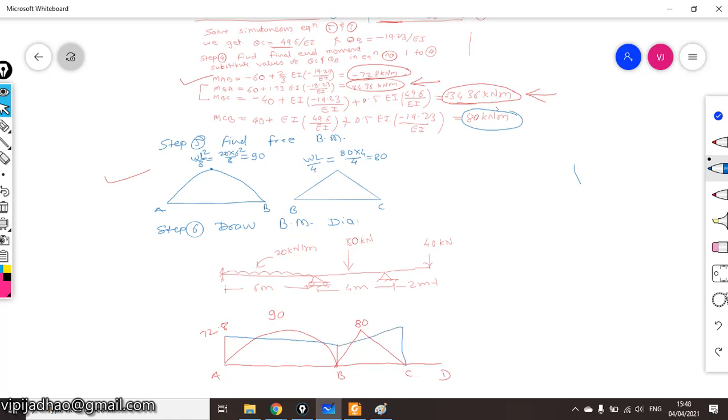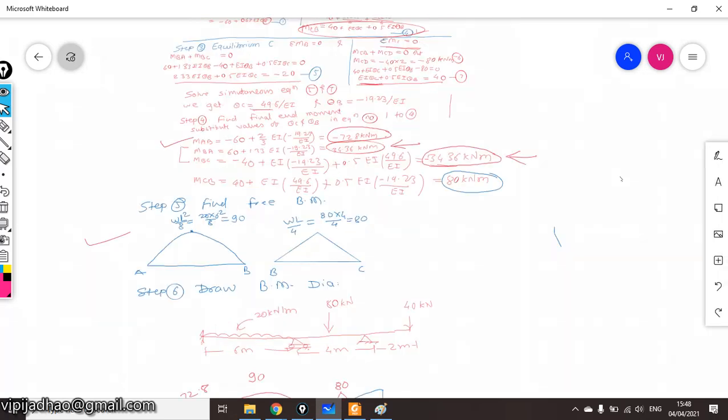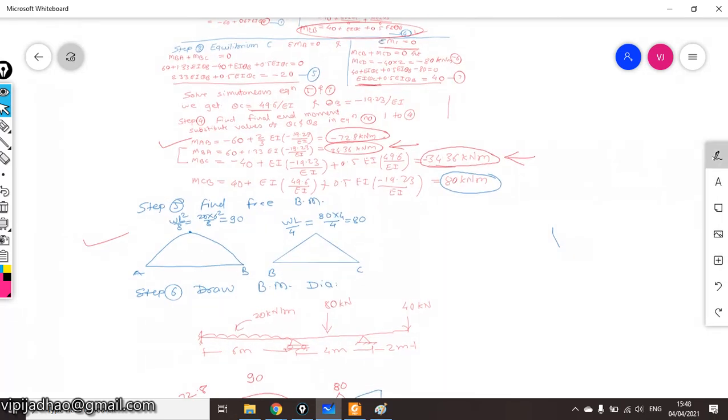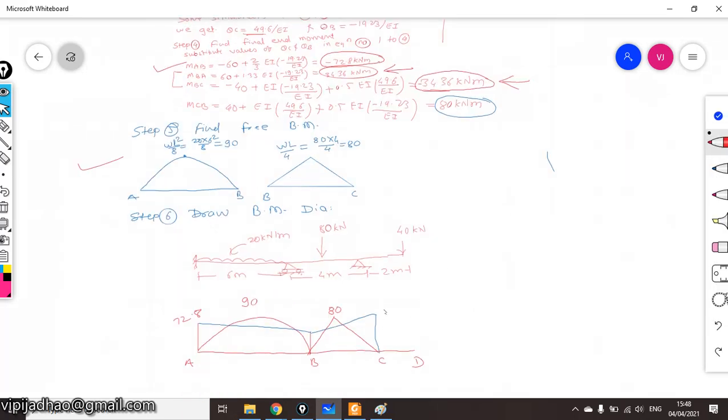And for CD, we have already found out the value: it was minus 80 kilonewton meter. Therefore this is 80 minus, on the anti-clockwise face. Just join these two points.